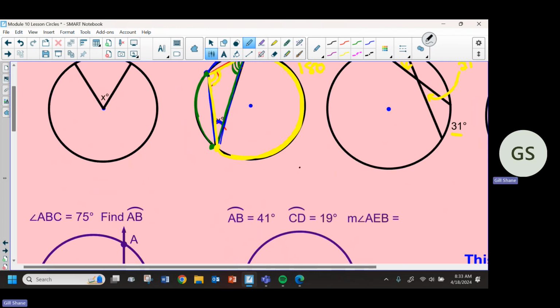So I do arc 1 plus arc 2, and I divide by 2. And that gives me the measure of the angle, which is the same, like both these angles are the same. So it'll really give me the measure of both angles, but we just say the measured angle. That was the formula we did.